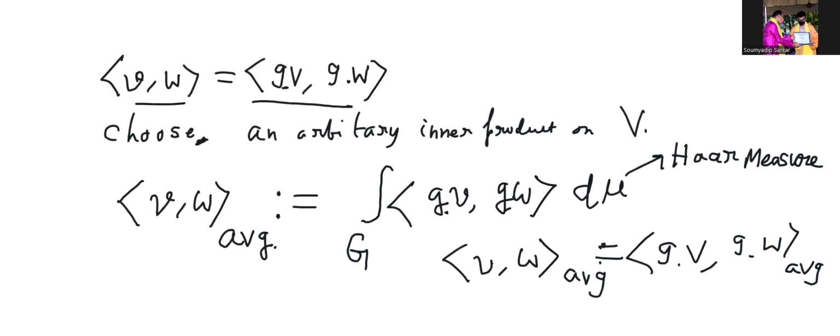The old inner product may not be invariant, but after the average it will become invariant. So whenever you have an inner product which is invariant under the action of the group, then your representation will be completely reducible. Okay. Now let me create a new page.